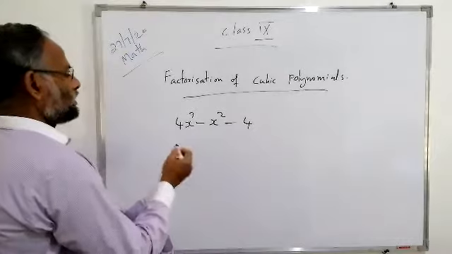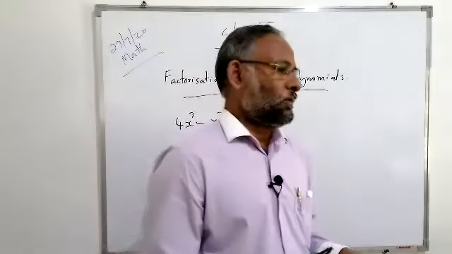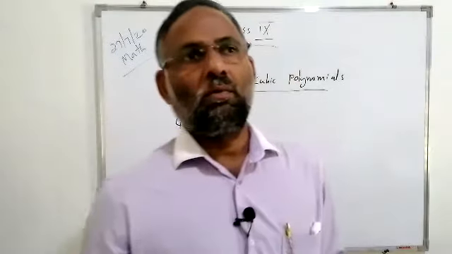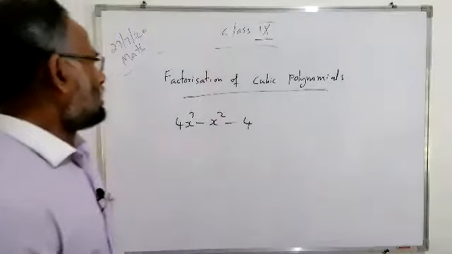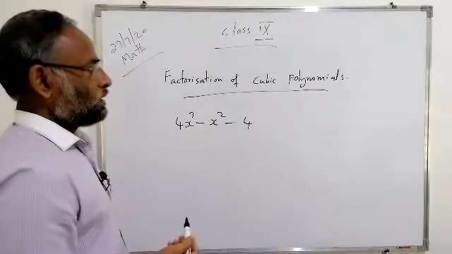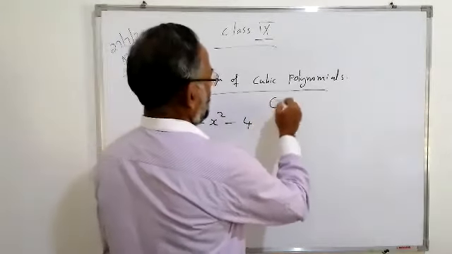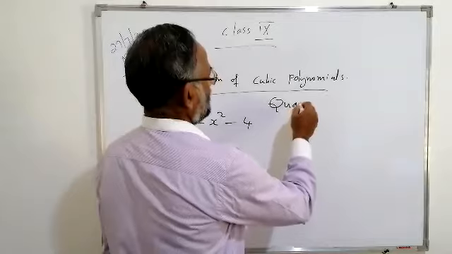Okay, no problem. So now what I am telling is the general form or standard form of a cubic polynomial, because we are doing factorization of a cubic polynomial. Now before that, the standard form of a quadratic polynomial, don't forget what we studied.